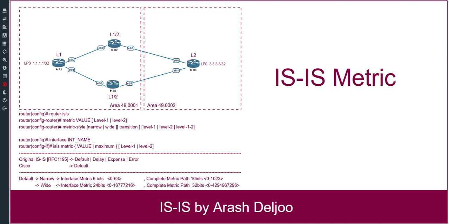Let me first configure this scenario. After configuration of this scenario, we will learn more detail about the default metric, and also how we can change the default metric from the narrow metric to the wide metric, and what is the difference between the narrow default metric and wide default metric.